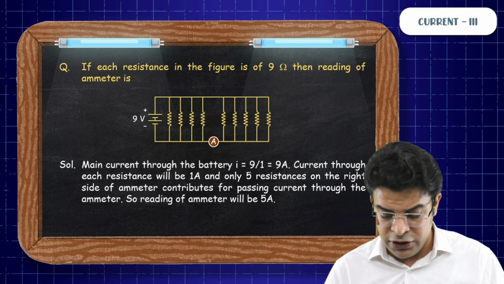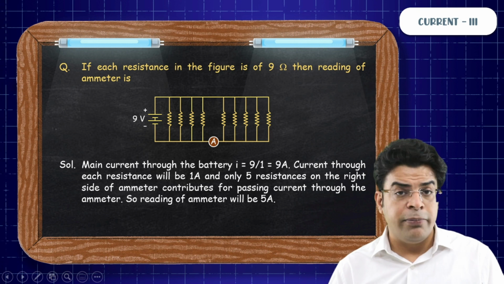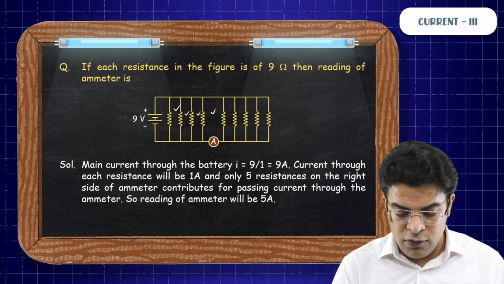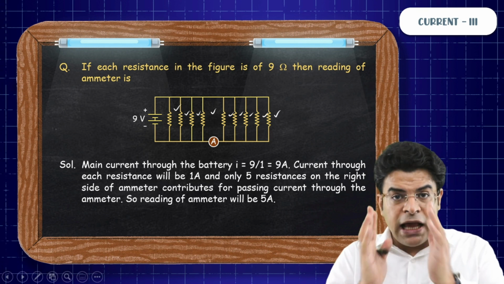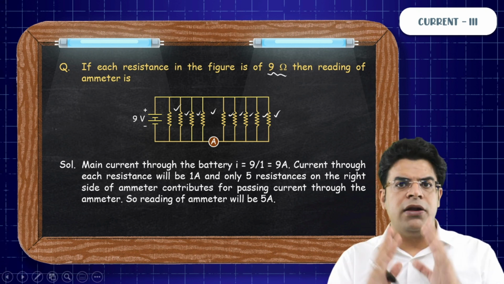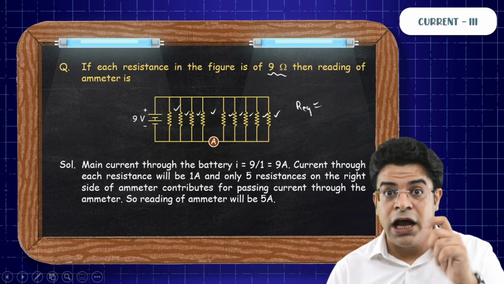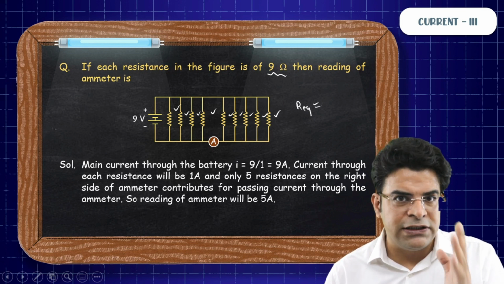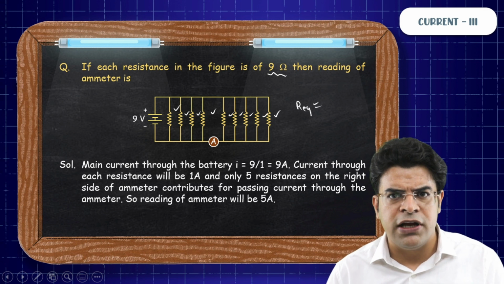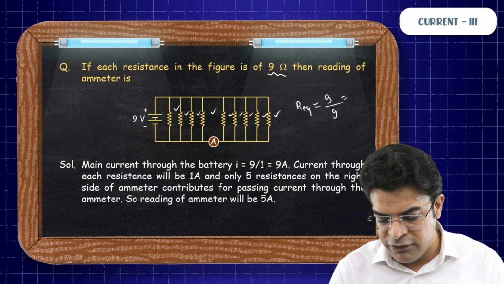So how did you take 9 by 1 equals 9 ampere? You have got 1, 2, 3, 4, 5, 6, 7, 8, 9 resistances of 9 ohm in parallel. So you will say that the R equivalent has to be equal to, using R by N, you have got n identical resistances in parallel, their equivalent combination has to be R by N. So that will be 9 by 9, that will be 1 ohm.